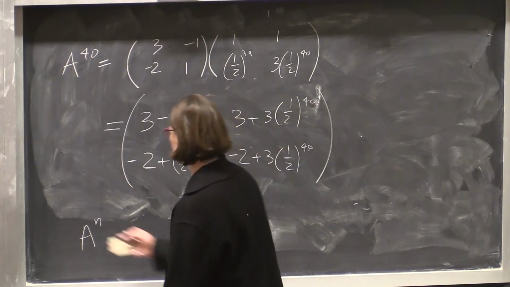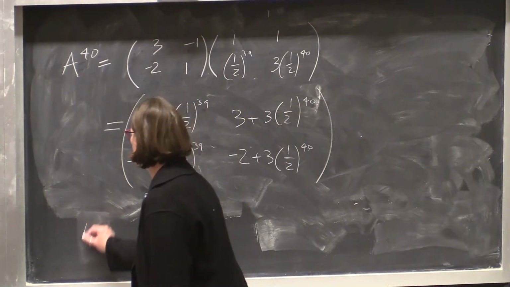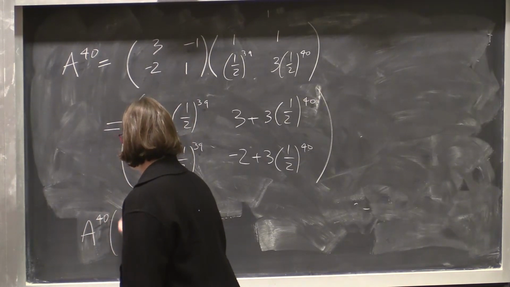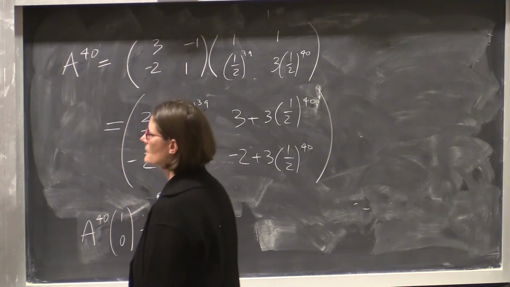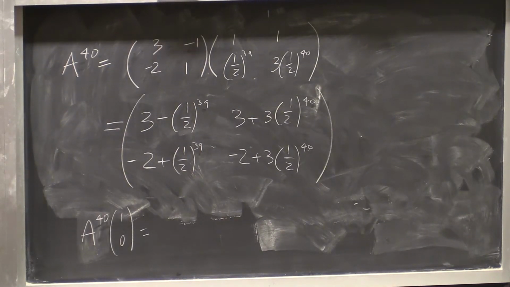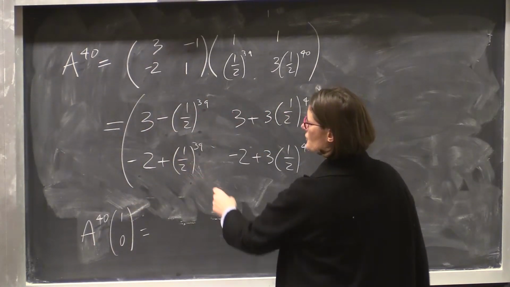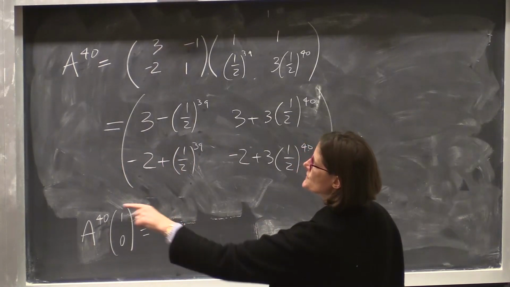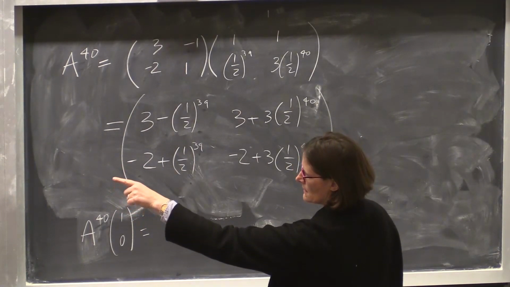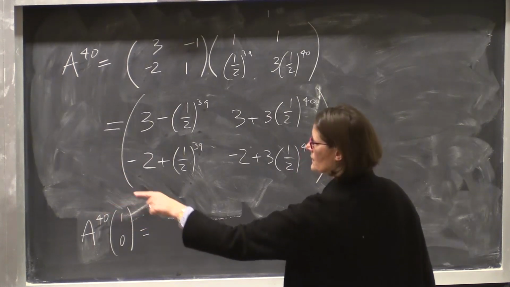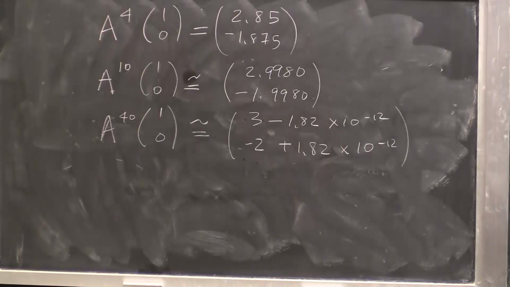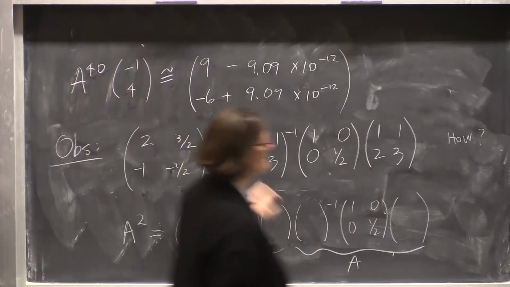But we see that A to the 40th times 1, 0 is, well, that's the first column, 3 minus 2. And if you put this into your calculator, you're going to get those numbers. And it removes the mystery of why they were equal. Looking at this, you're like, is it a coincidence that these are equal? And for this one, I had minus 1 and 4.